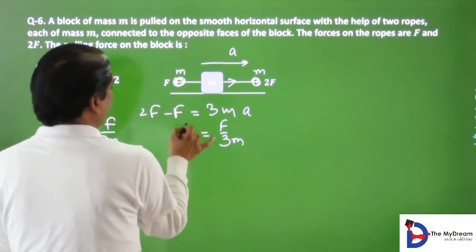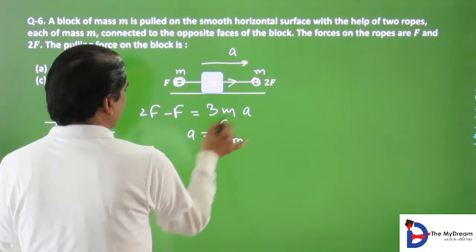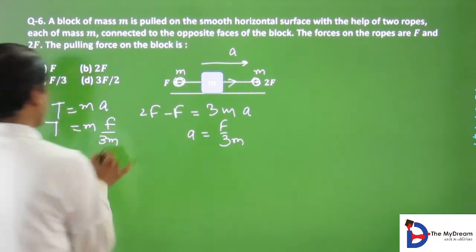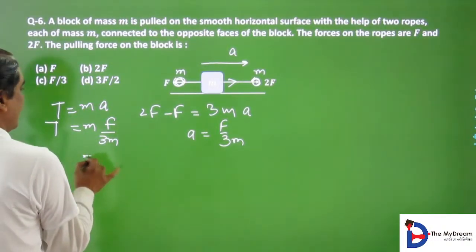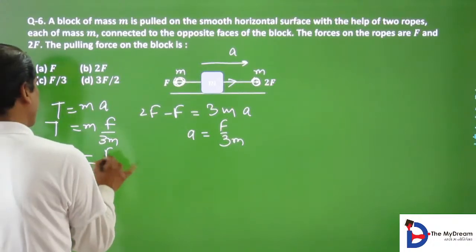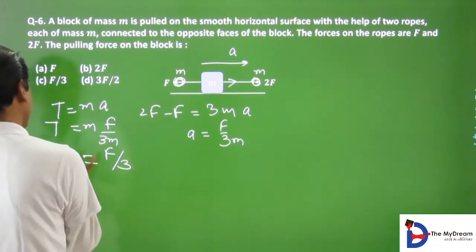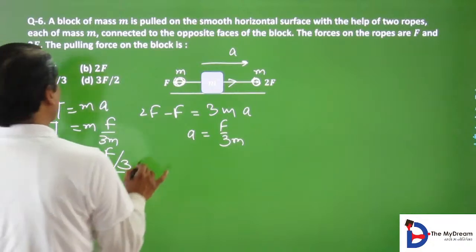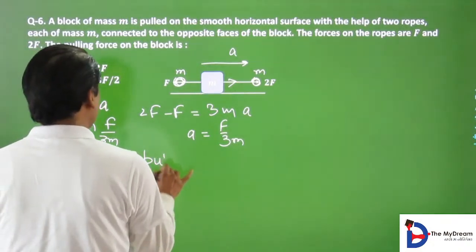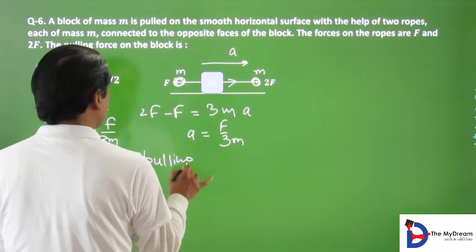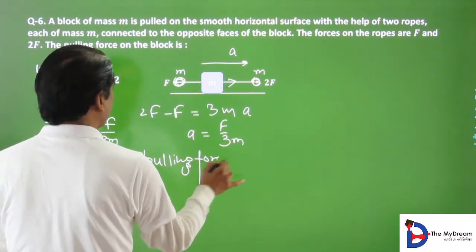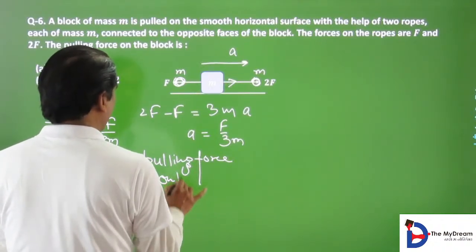This is F, this is 3m, then you will get F by 3. This is the pulling force on the block.